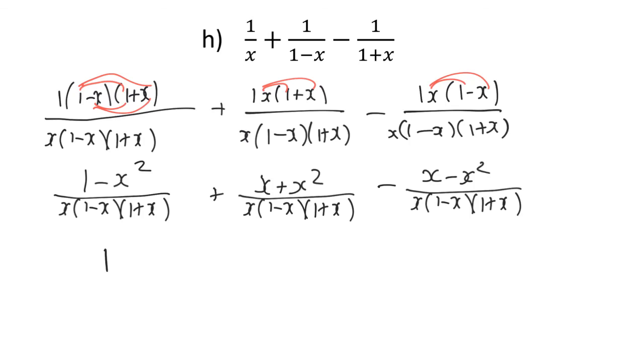So if we look through for all the x squared terms, we get this minus x squared, and then a plus x squared, and then a minus x squared. So the minus x squared plus a plus is just plus x squared. So minus x squared plus x squared, well, they cancel. And then we've got nothing really.